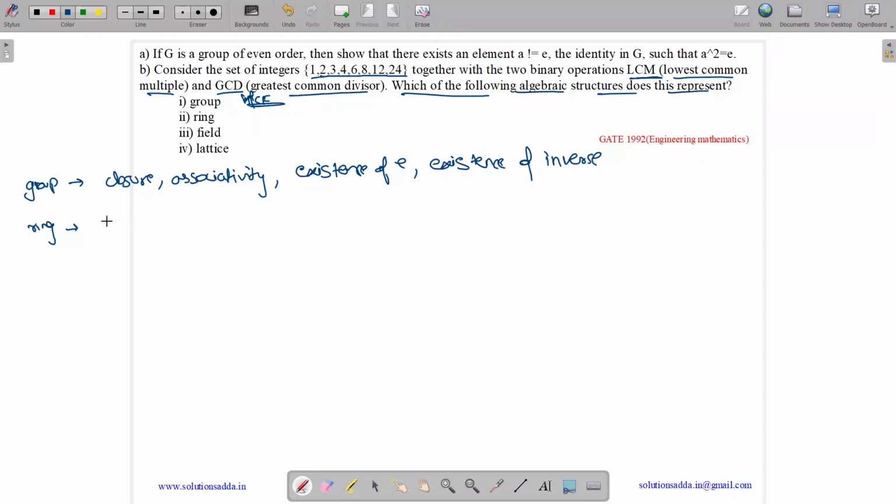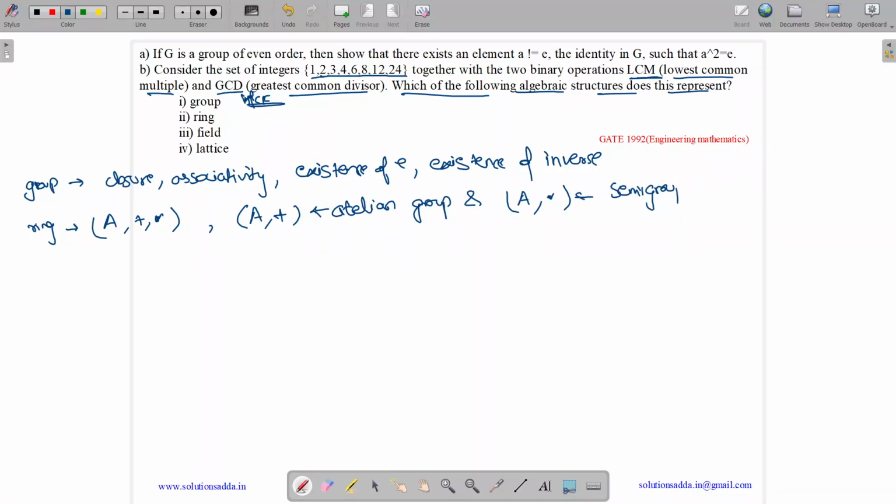Ring means an item with two operations, let us assume plus and star. Then (A, plus) should be an abelian group, and (A, star) should be a semigroup, and star should be distributed over plus, which means it should follow the distributive property over plus. And what is a field?